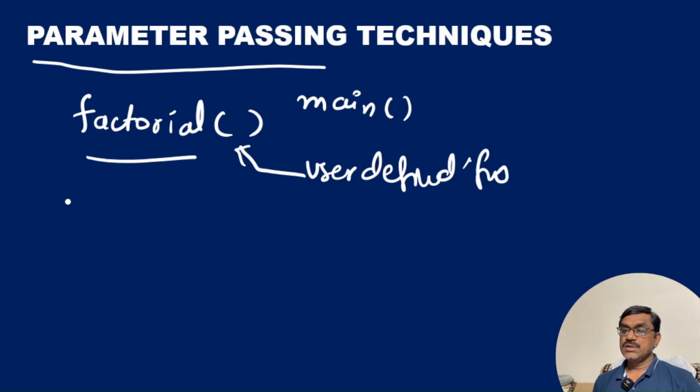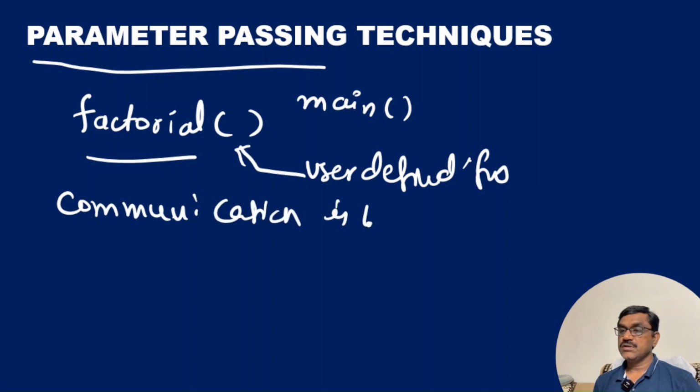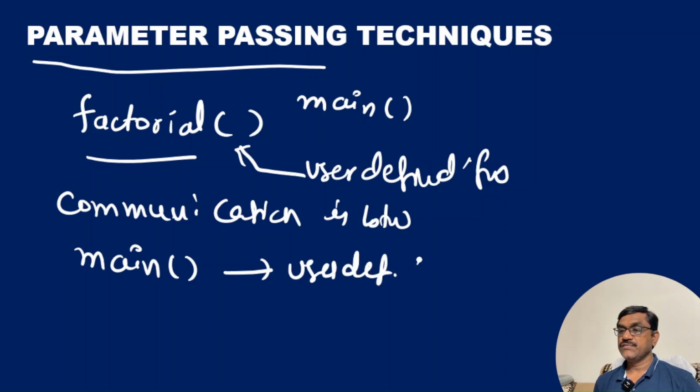Meaning, here the communication is between one is the main and another one is user defined functions, like factorial or any other. How to provide the communication between the main and the user defined functions can be done by a set of techniques known as parameter passing techniques.